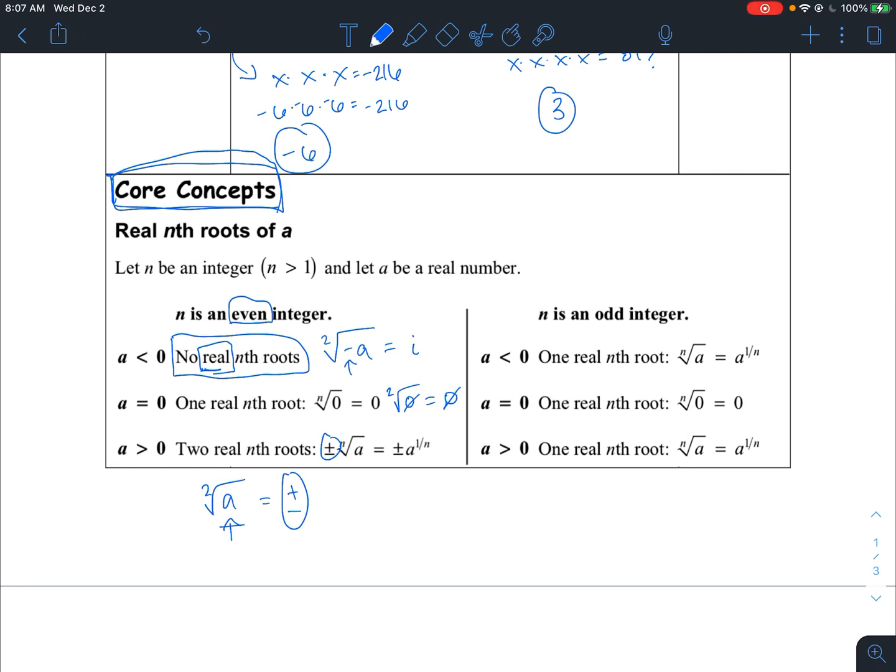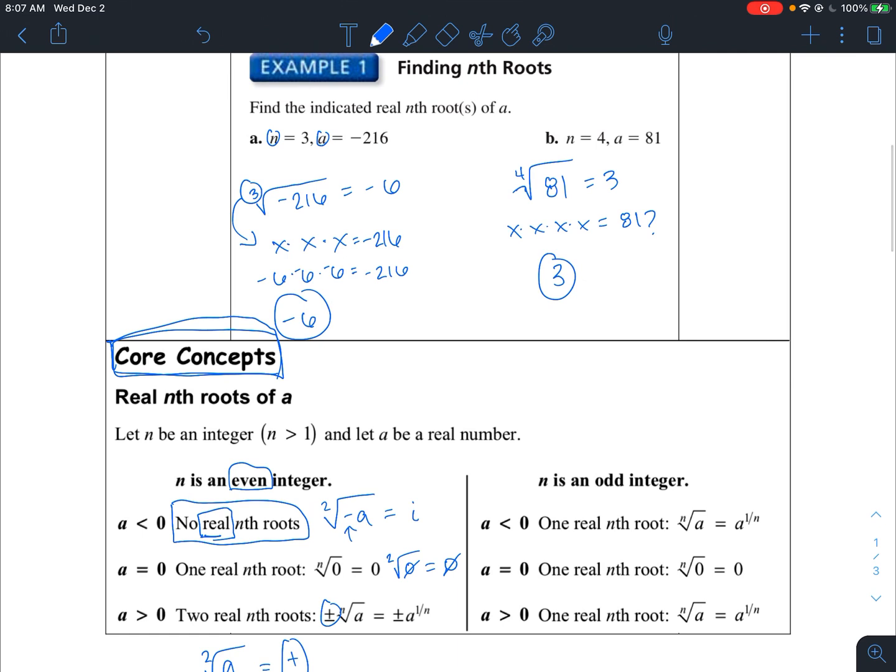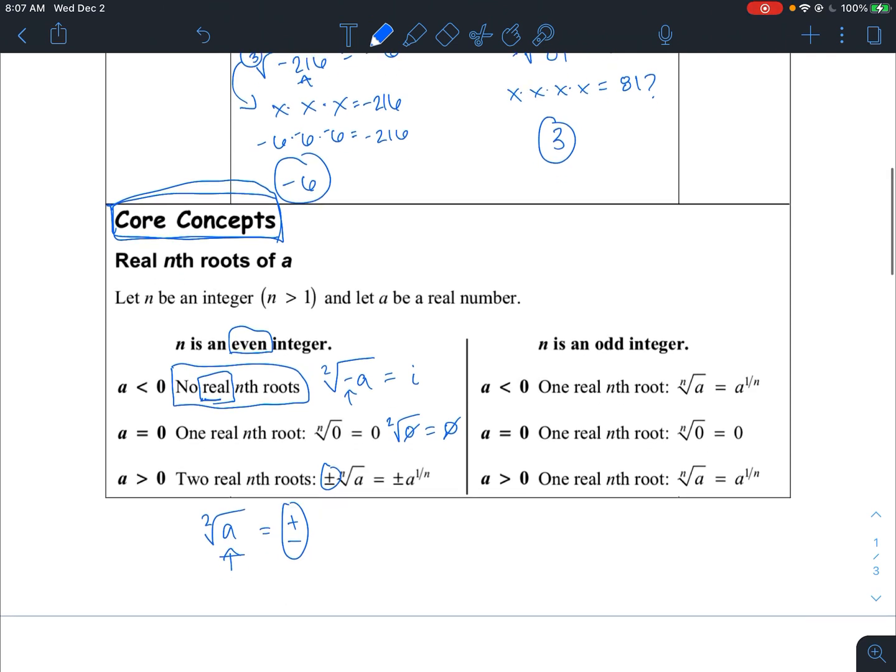Now, if n is an odd integer, like up here in example A, n was 3. Notice that we can take the odd root of a if a is negative and still get an answer. So unlike an even integer, if a is negative, we won't get an imaginary number.